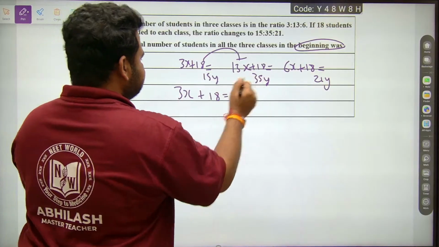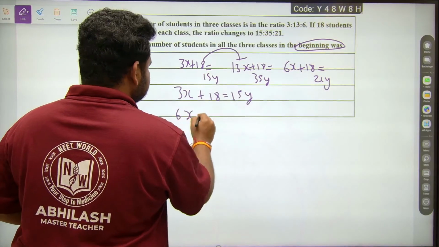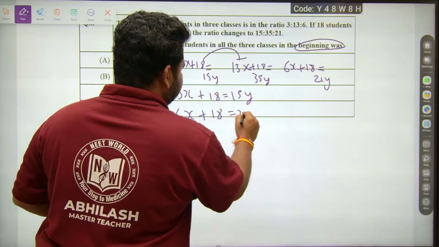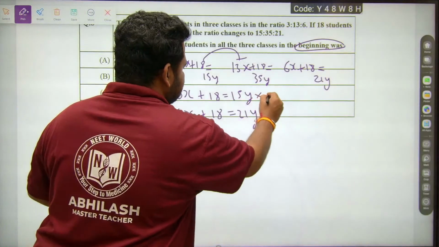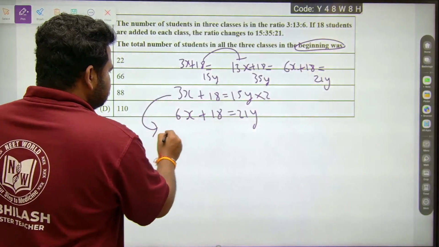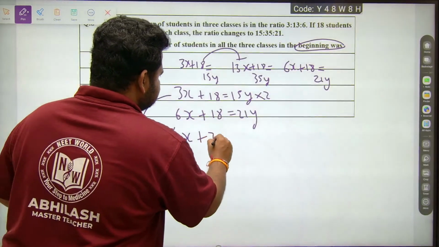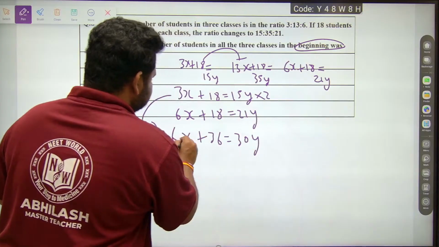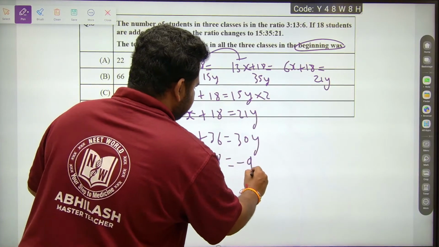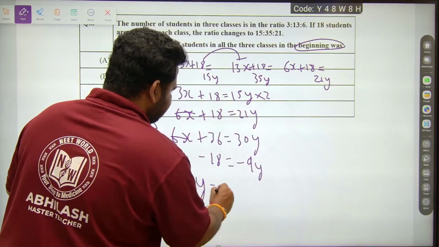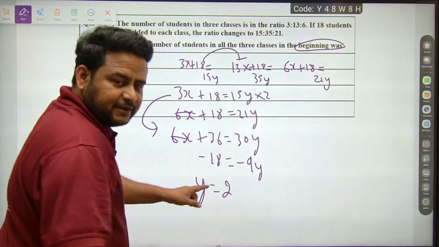So we can take 6x plus 18 is equal to 21y. Here 3x is there, here 6x is there, so I can multiply by 2. So this equation transforms into 6x plus 36 is equal to 30y. So this cancels, 18 minus 9y. So y will be equal to what? y will be equal to 2. 18 by 9 is 2.